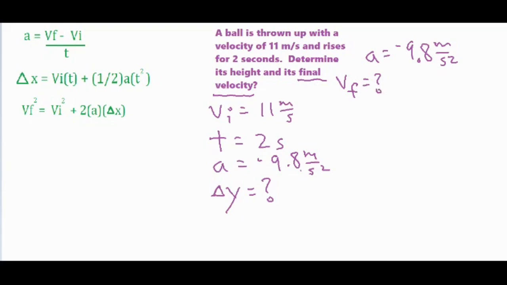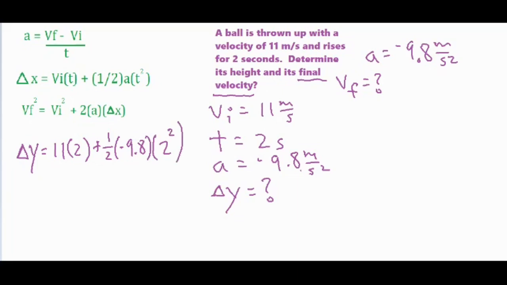All right, so if we want a displacement, we have to use the second or third formula. For my first one, I need VI, T, and A. So that one actually works. So I'm going to go ahead and set it up. Delta y equals VI times T plus 1/2 negative 9.8 T squared.